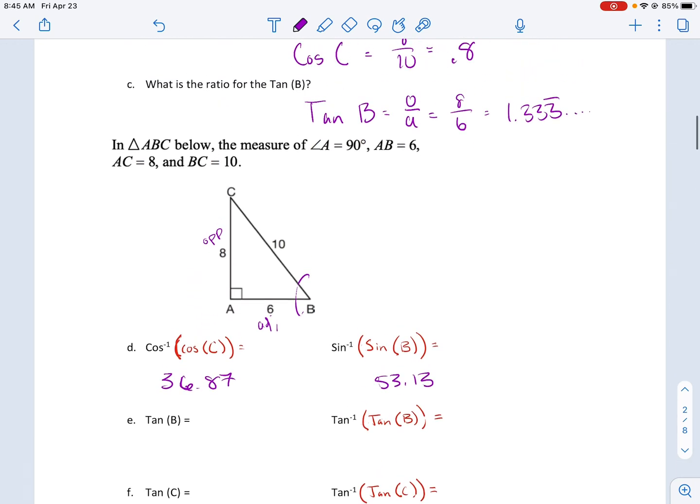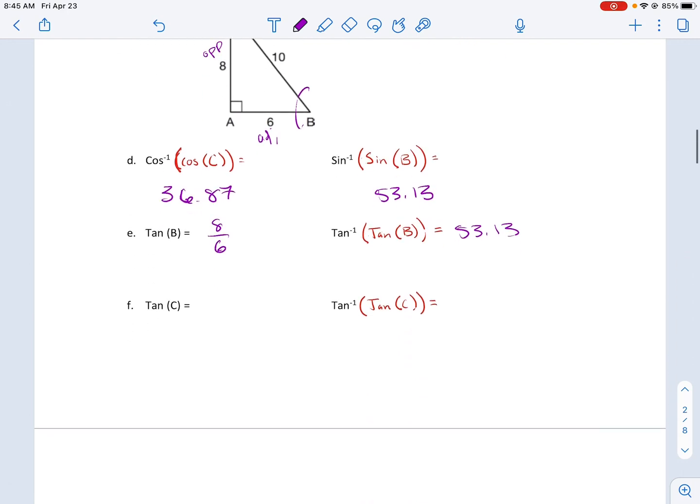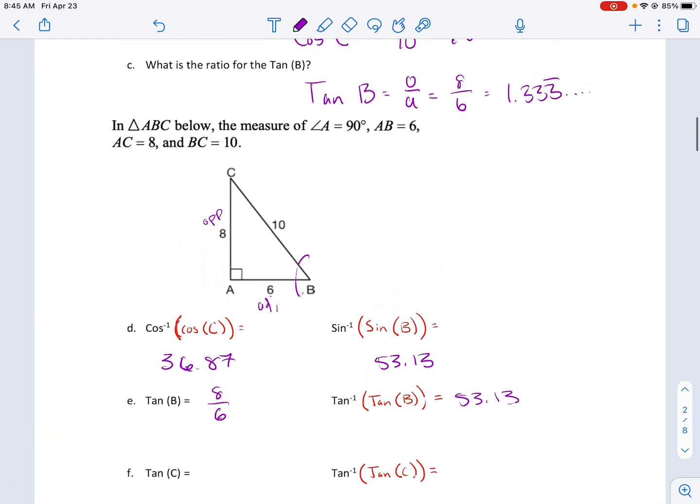The tan of B, okay, so we found that to be 8 over 6. Take the inverse. And what do we get? Oh, 53.13.